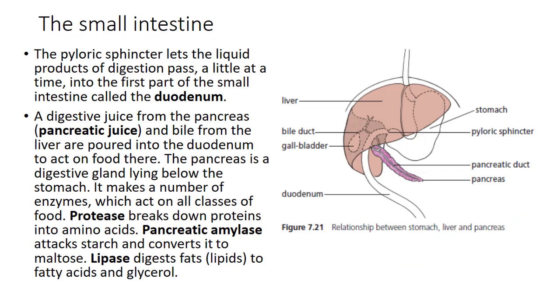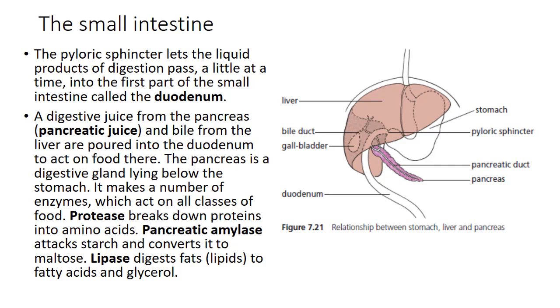The next part after the stomach is the small intestine. You can see in the picture there is a pyloric sphincter, and that pyloric sphincter lets the liquid products of digestion pass a little at a time into the first part of the small intestine, called the duodenum. In the duodenum, the final digestion takes place.